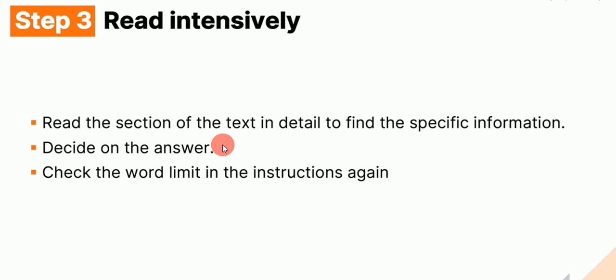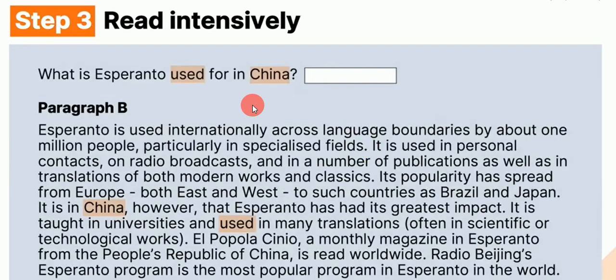So when you read the paragraph carefully, you realize that there are a few possible answers here. Translations, many translations, scientific translations, technological translations, a monthly magazine. Not all short answer questions have more than one answer.